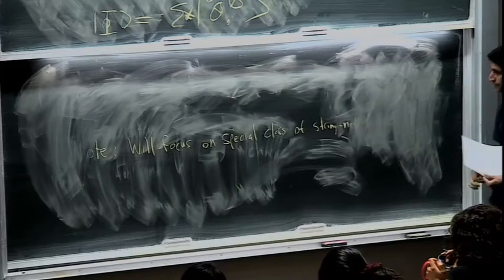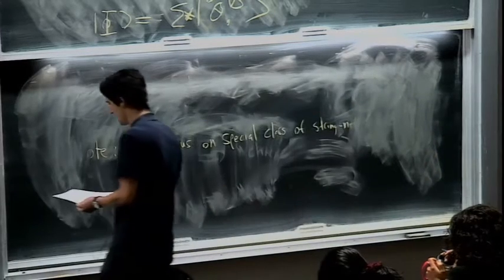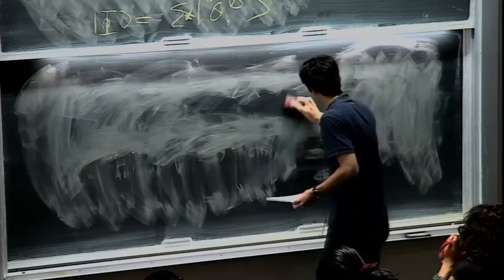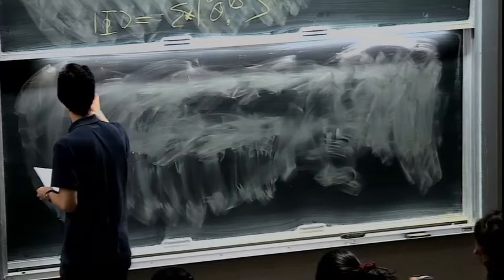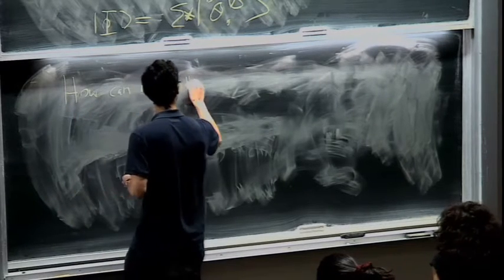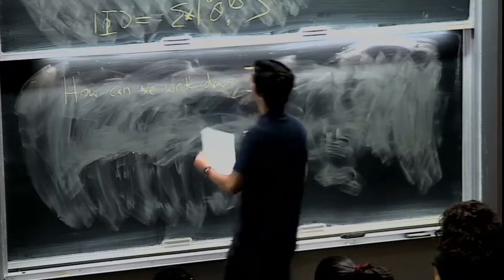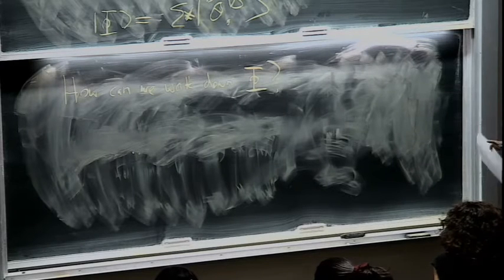OK, so we want to write down this wave function. Now, the problem is it's not so easy to write down any wave function, really. How can we write it down? There are lots of different configurations of strings in space, a lot of different numbers we have to specify.